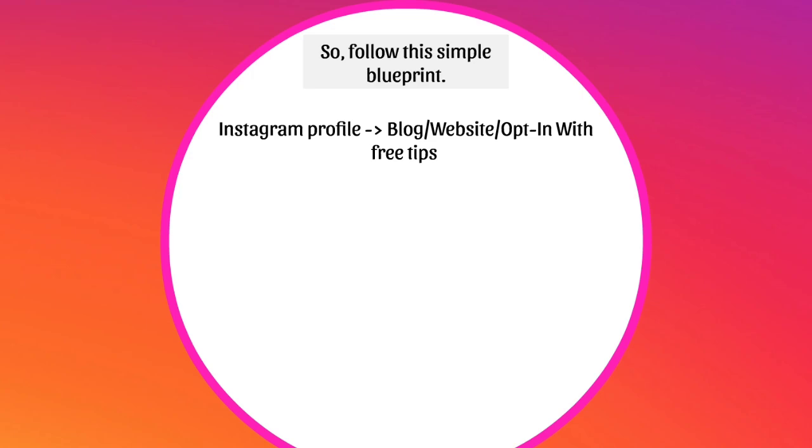You can use an opt-in with free tips or a squeeze page to build your list first. Because what I found is that a lot of times it takes 7 to 12 times to actually touch the person, get to know them before they actually buy. What I mean by touch points is emails. So it could be 7 to 12 different emails after they sign up for a freebie.